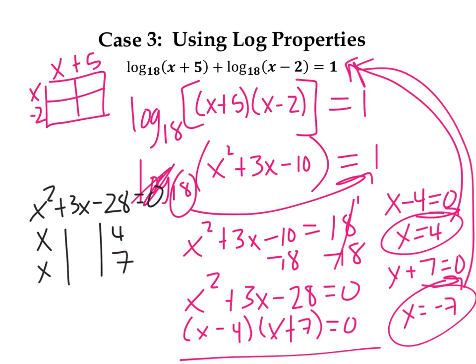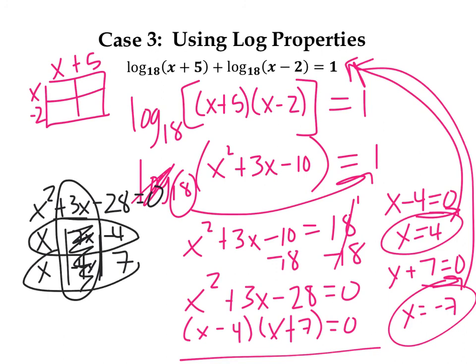I'm going to place the negative on the 4 because when I cross multiply, I have negative 4x and positive 7x. The sum of these two gives me a positive 3. And I want a positive number, not a negative number, so I put it on the negative 4. Okay, now that I've checked my work, my factors are x minus 4, x plus 7. And that's how I got this piece.